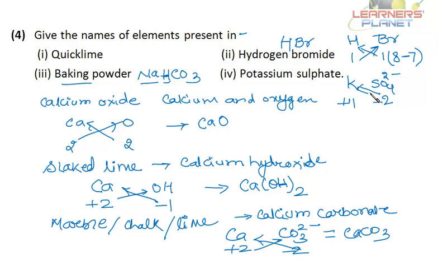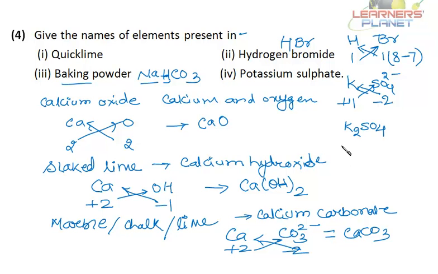Cross over the valencies of these ions. You'll be getting K2SO4. Right? So what all are the elements? Potassium, sulfur and oxygen. Is this question clear? I hope this is clear to you.